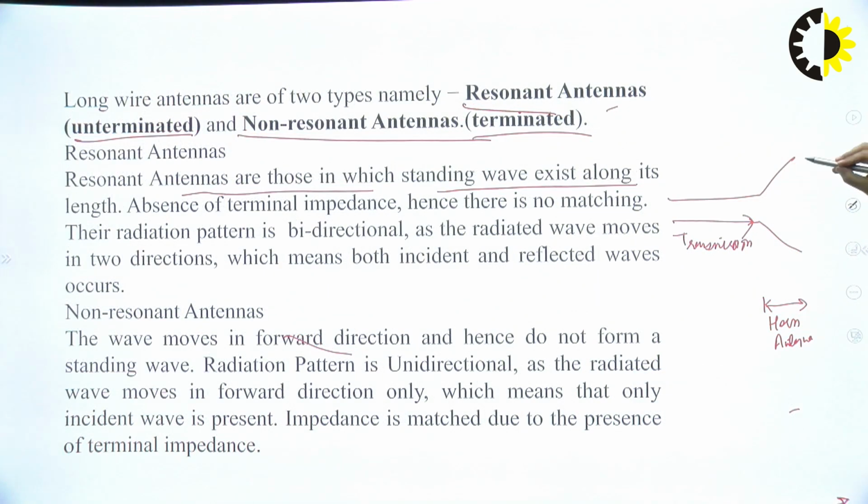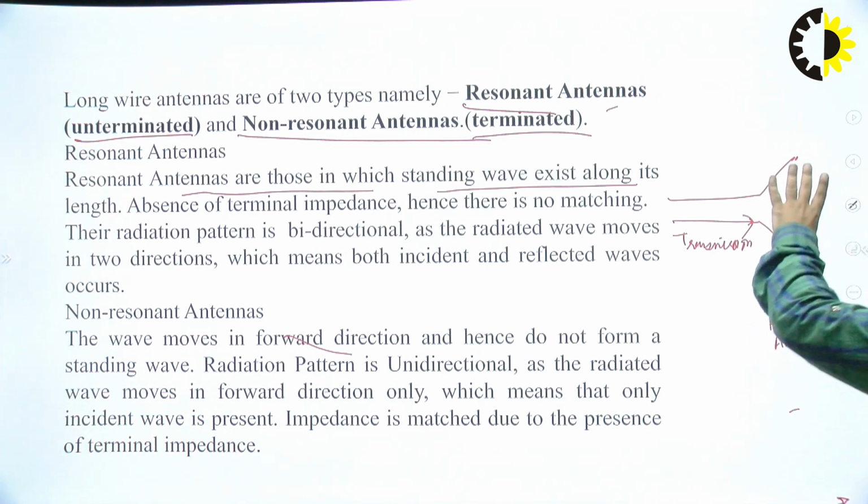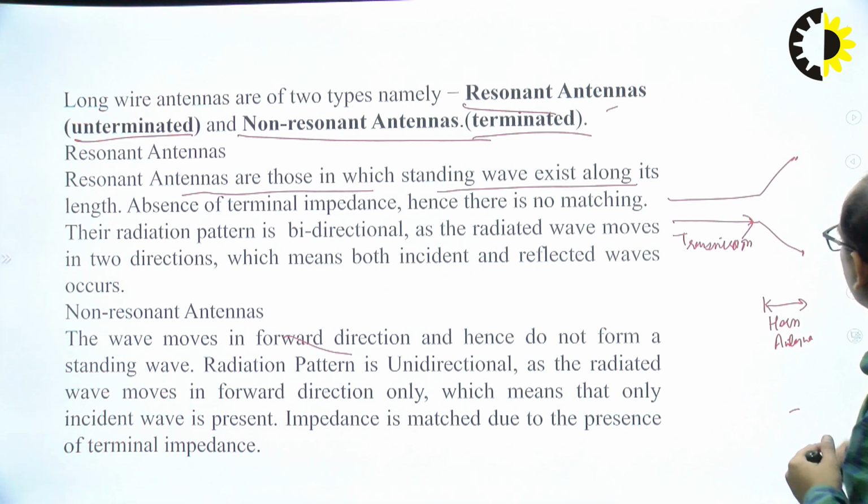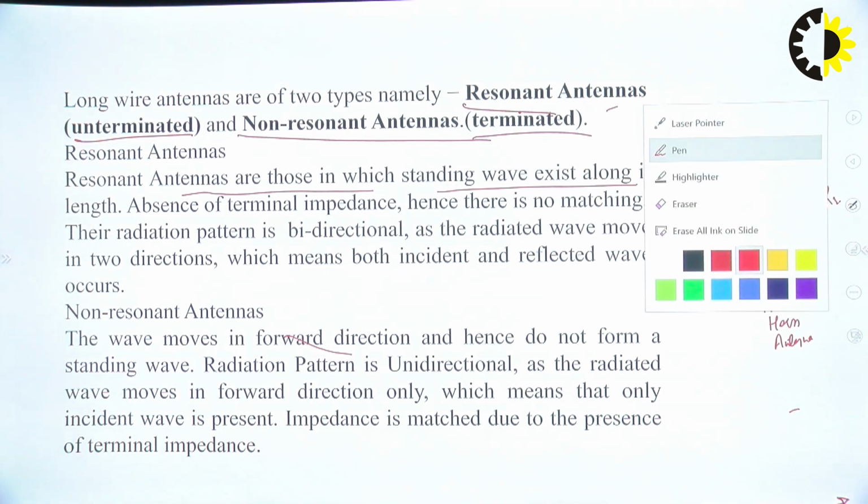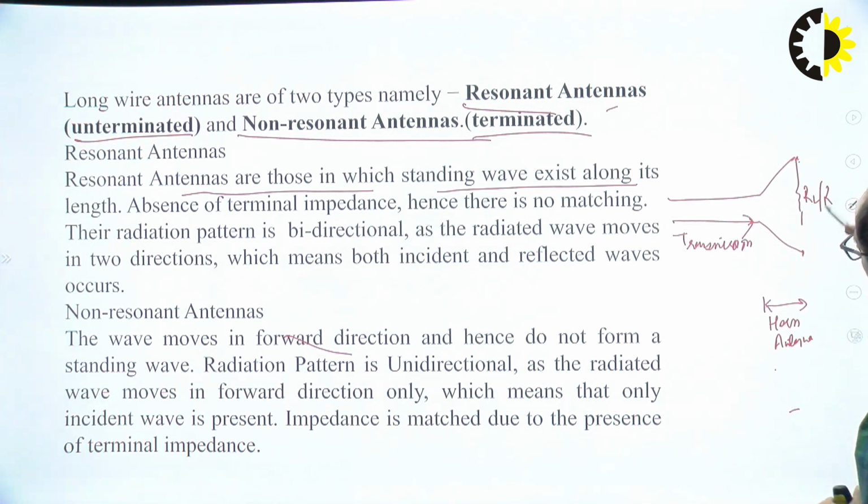So if the impedance obtained at the terminals of this antenna matches with the impedance of space, if there is a matching between these, then there will be a load resistance, that is RR you can say, which couples the antenna with the space.